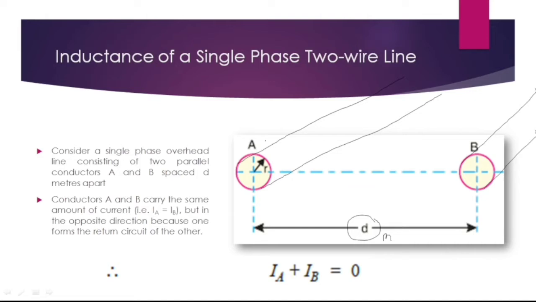Conductor A and conductor B carry the same amount of current. Let the current flowing through conductor A be IA, and the current flowing through conductor B be IB.